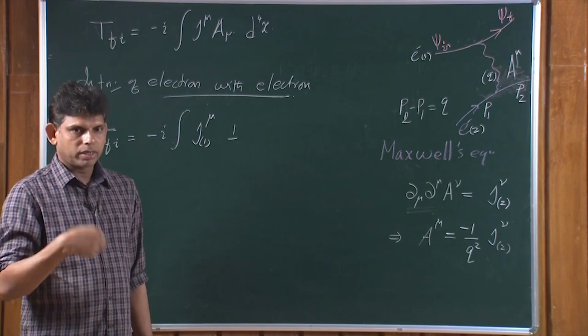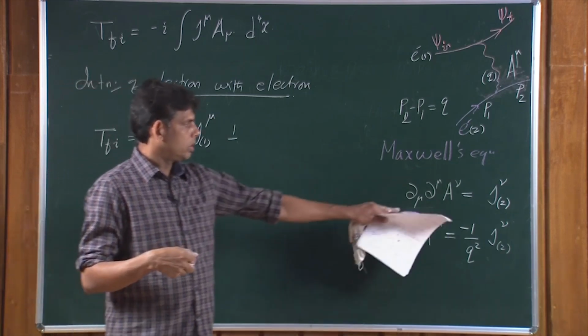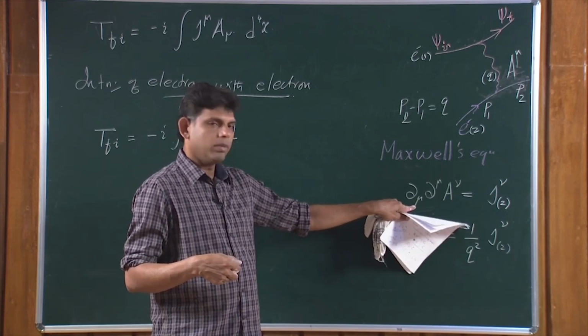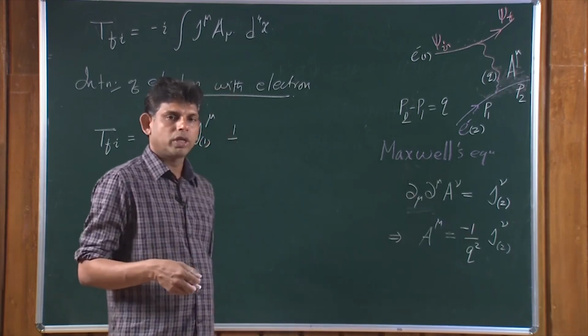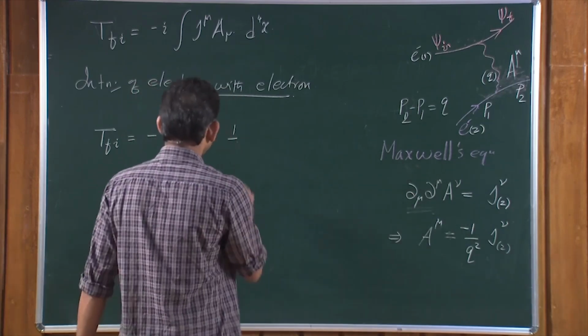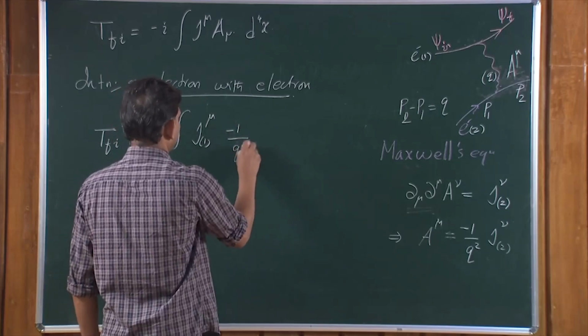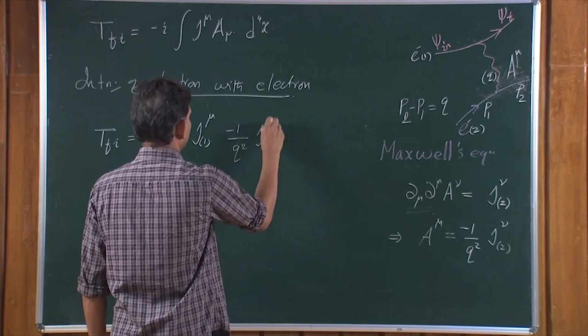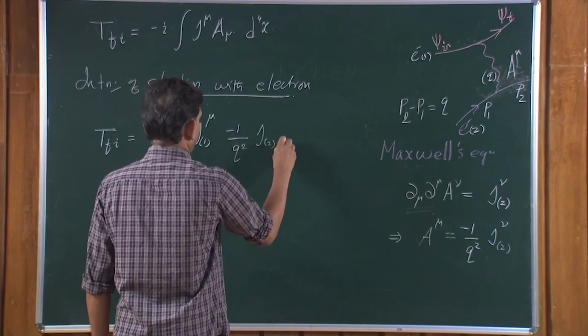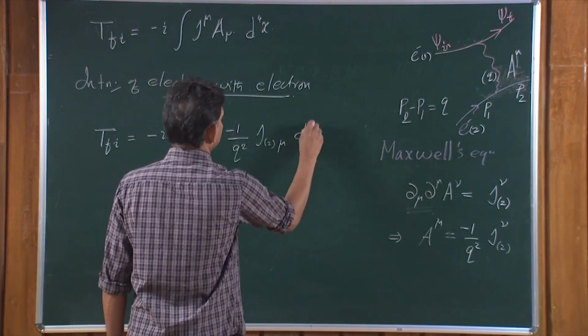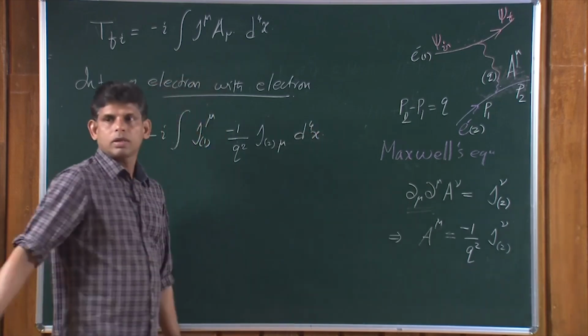There is an i factor which will come along with q, a factor of i into i because of two derivatives. So, i square which will give you a minus. So, it is minus 1 over q square j 2 mu, integrated over d 4 x.